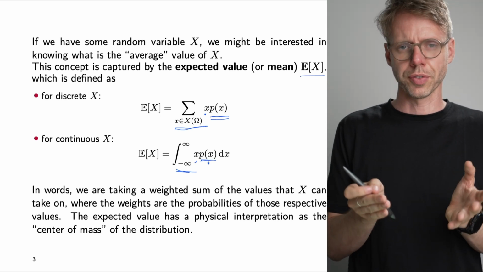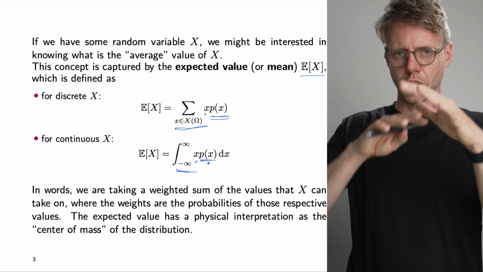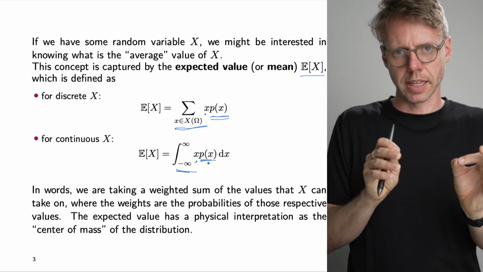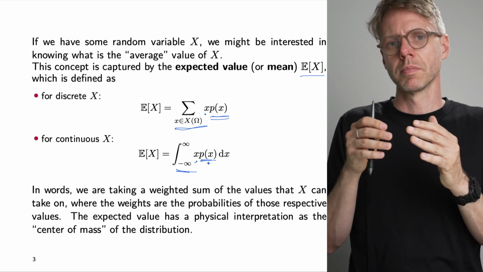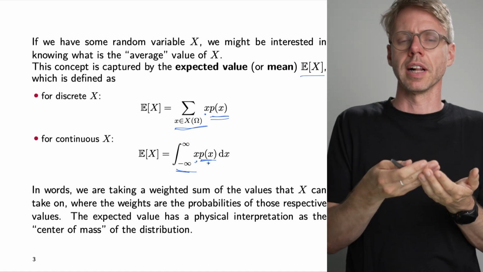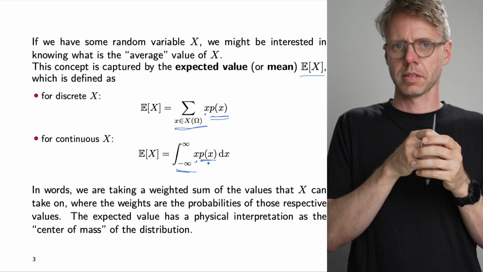You can think of the expected value as the center of mass of this random variable. Remember, we're taking the weighted sum. The integral is just a continuous version of the sum of these values, weighted by their probabilities or the density.